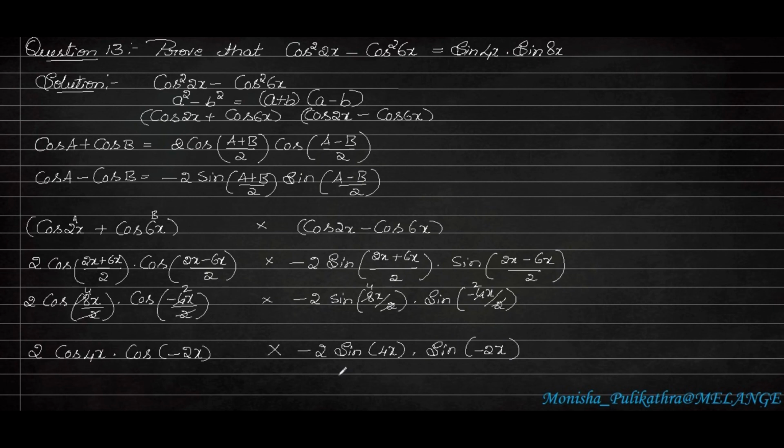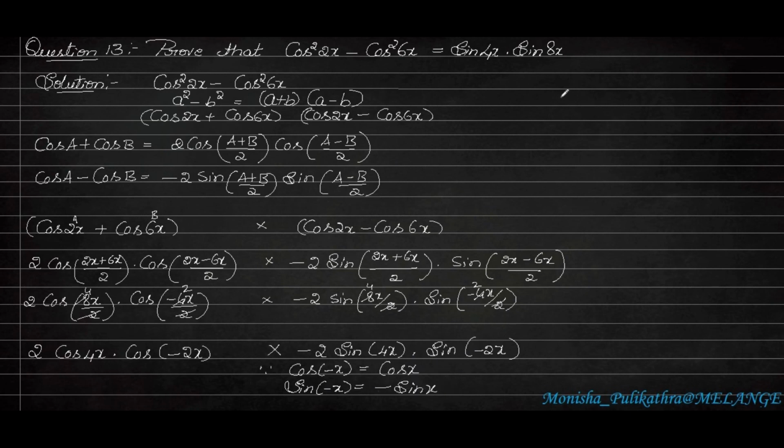So after this you have to remember one formula, that is cos of minus x is equal to cos x and sin of minus x is equal to minus sin x. Here cos of minus 2x will become cos 2x itself and sin of minus 2x will become minus sin 2x.